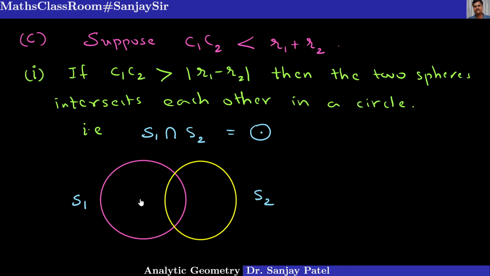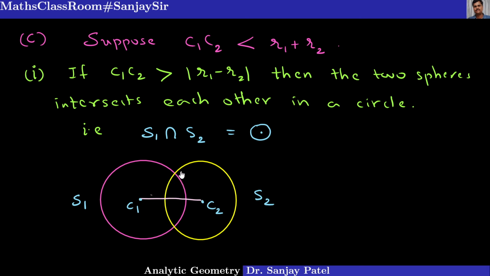The center of the first sphere is somewhere here, say C1. The center of the second sphere is somewhere here, C2. And if you find the distance between these two centers, C1C2 is less than R1 plus R2.